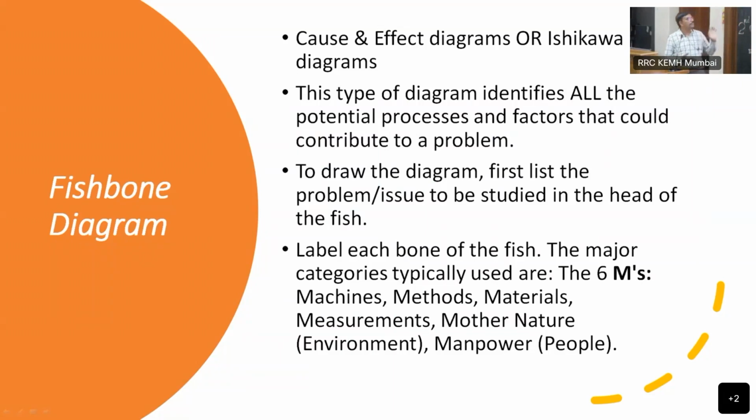This is what a fishbone is. Okay, fishbone looks just like a fish. The problem is the face of the fish and the others are the segments. The main ones, the 6, are called the spine. Then ribs you can say, or the skeleton you can say, looks like that.